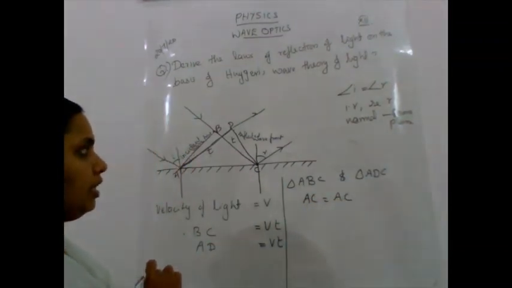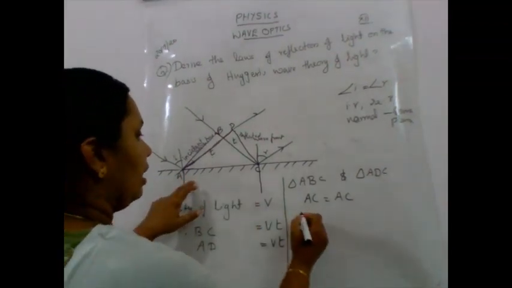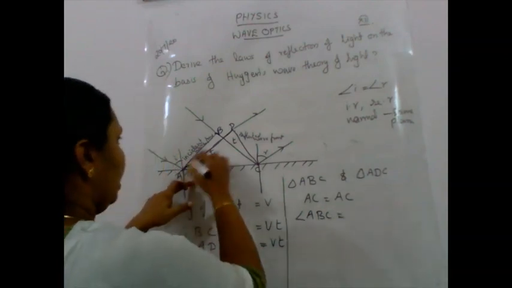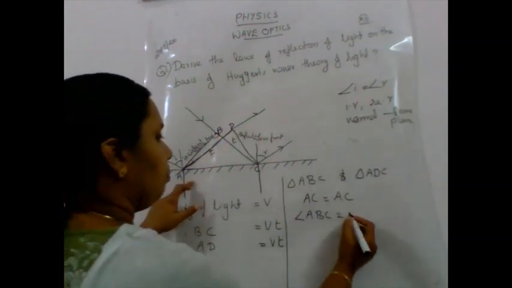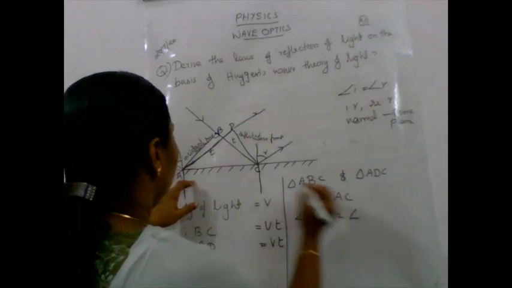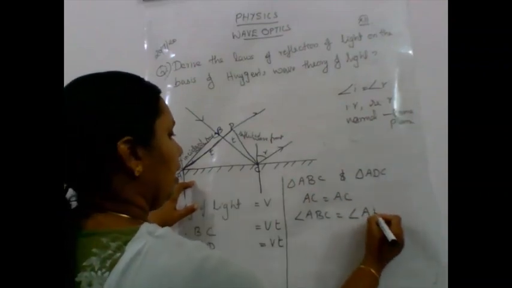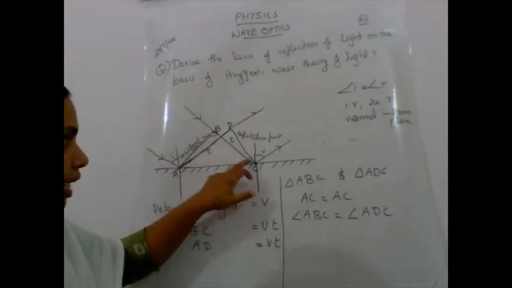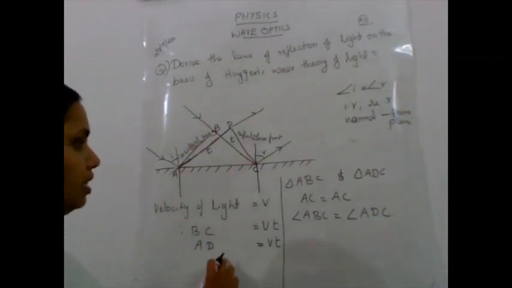Then angle ABC is equal to angle ADC. Then what else? Yes, this side BC, isn't it? We got BC and AD are equal.